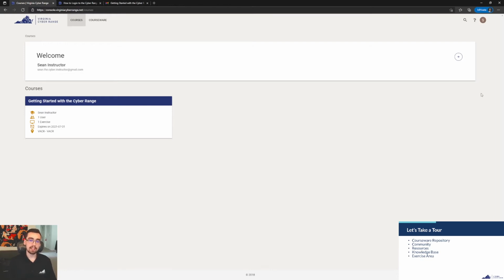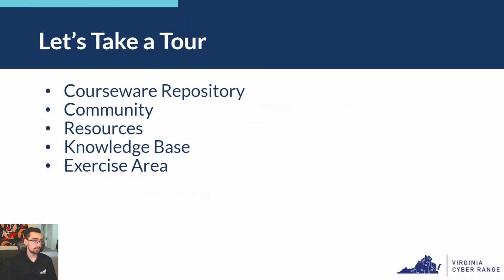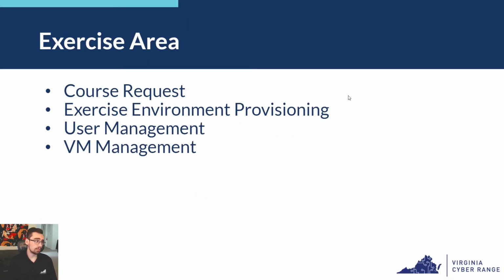So in the exercise area, I'm signed in as an instructor, and you'll see any courses that you have currently created. If you don't have any, you won't see any courses yet, but you will have the option to create courses as you need them. So that brings me to the next topic we're going to talk about, the exercise area.